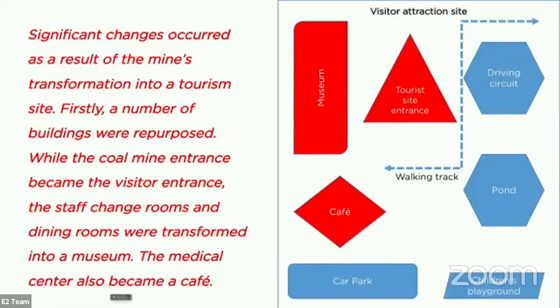Firstly, a number of buildings were repurposed. While the coal mine entrance became the visitor entrance, the staff change rooms and dining rooms were transformed into a museum. The medical center also became a cafe. So I described those things by talking about repurposing of buildings.